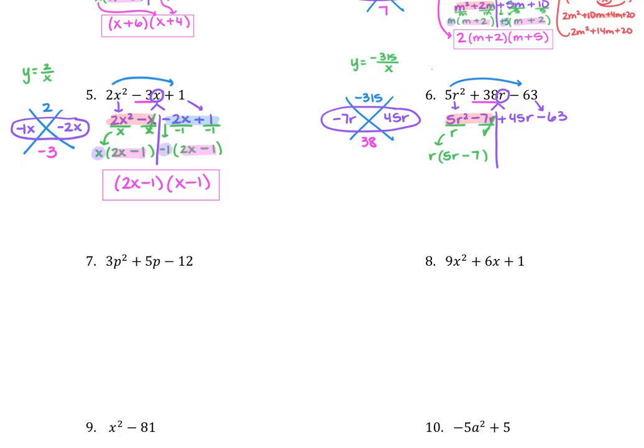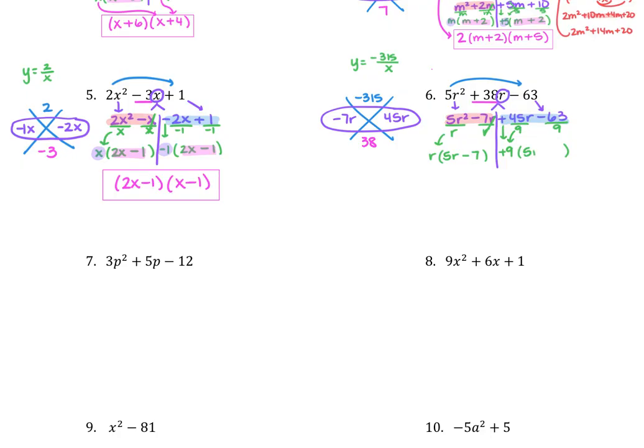Now I'm going to look at the back binomial. I'm going to drop this sign down, and I notice that a 9 goes into both. So that's going to be my GCF. They do not share an r in common, so that's my only GCF. I'm going to divide 45r by 9.